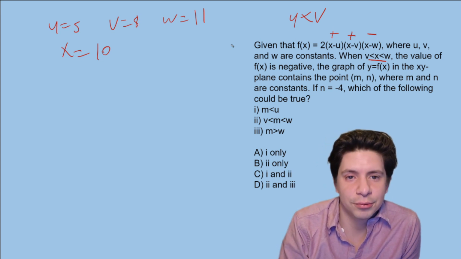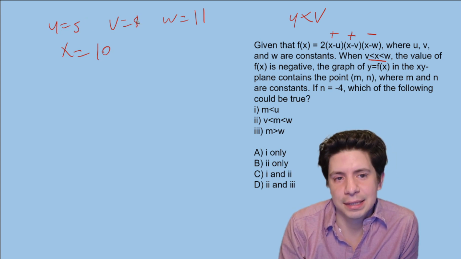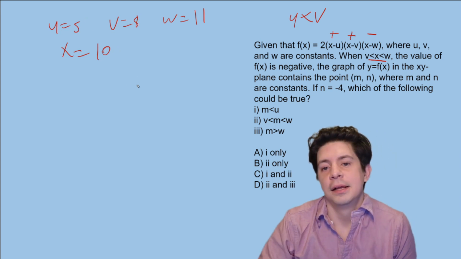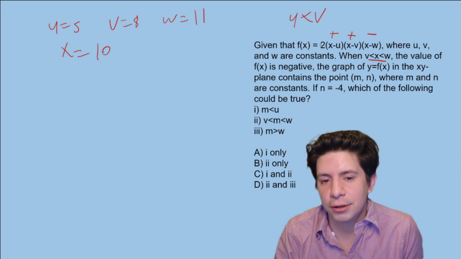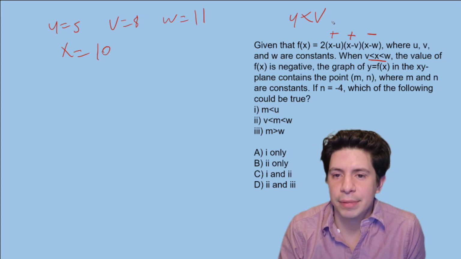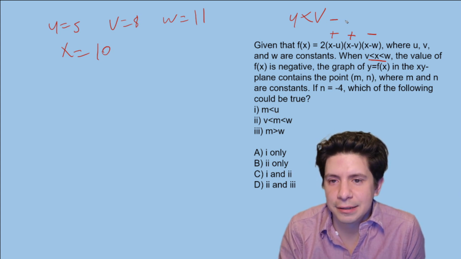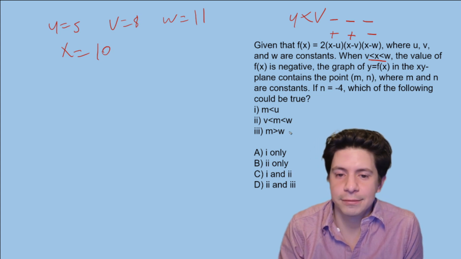But if u equaled 10.5, that would throw it off. So u has to be less than 8 for this always to be true. All right, so now we've established which ones are bigger and which ones are smaller. So m is less than u. If m were less than u, that would make this negative, and since u is less than v, that would make this negative too. So then they're all negative. So that could be true.